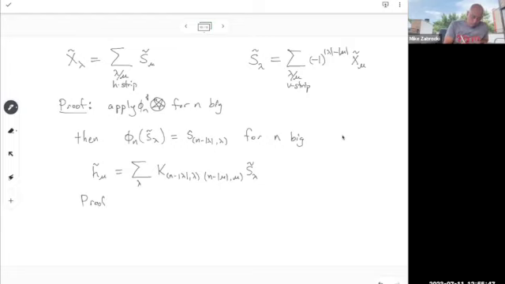Again, proof: you apply phi n and deduce the identity using star.